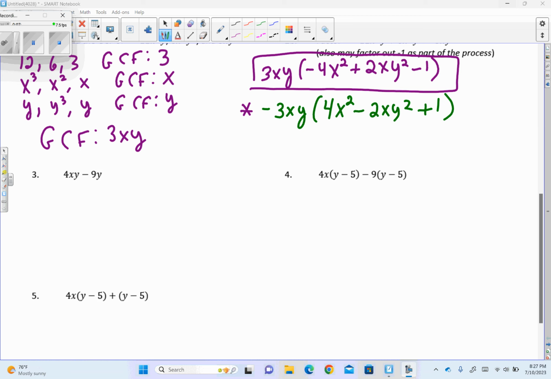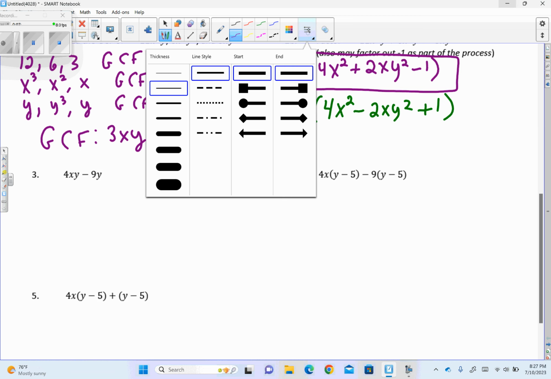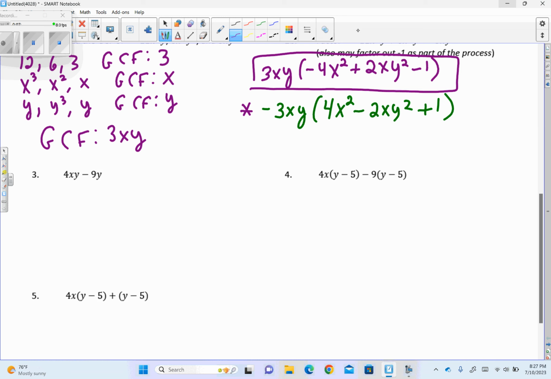If we look at the variable terms, the first one has an x, but the second one does not. So there's not a common x variable to both terms. The only thing that these two share is a y to the first. So my GCF in this case is just y to the first.